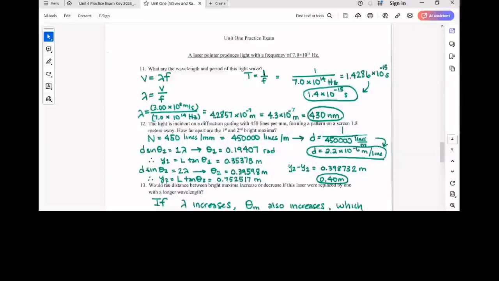And for m is equal to 2, it's positioned at 0.752517 meters. And we're looking for the separation between the first and second bright maxima. That's just y2 minus y1. So we get 0.398732 meters, to 2 sig figs, that is 0.40 meters.